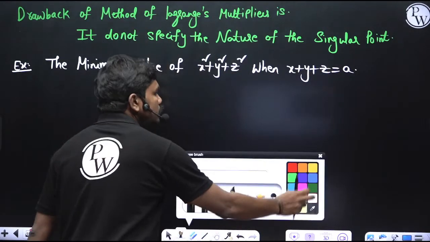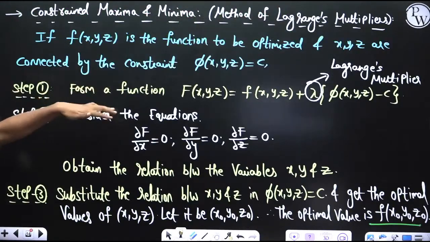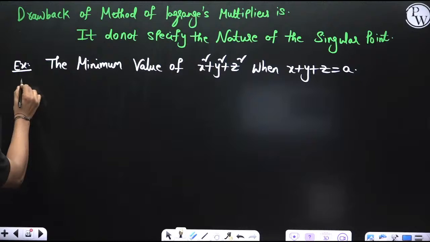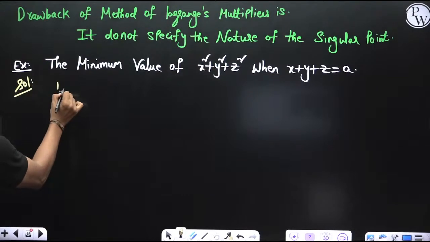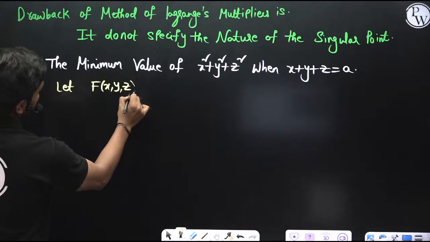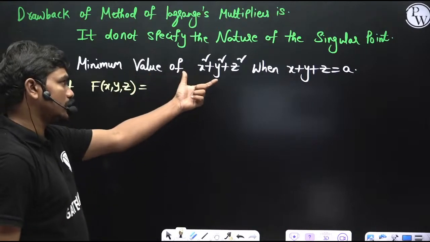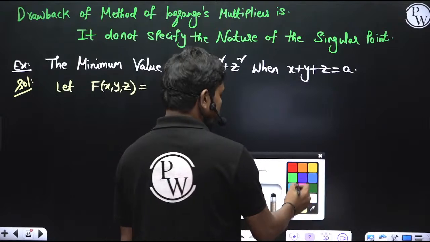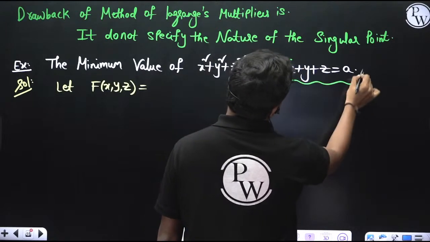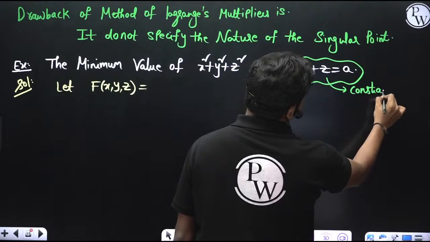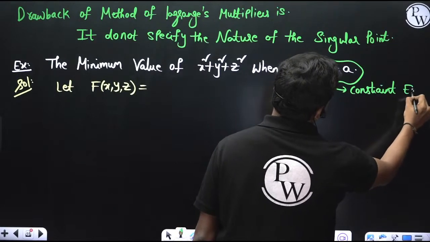So let's follow this procedure, the standard working procedure, step by step. So first form this function. So solution, step 1, let f of xyz be the function which is to be optimized, and the constraint equation is this equation. Okay, so this is the constraint equation which I can maybe write here.